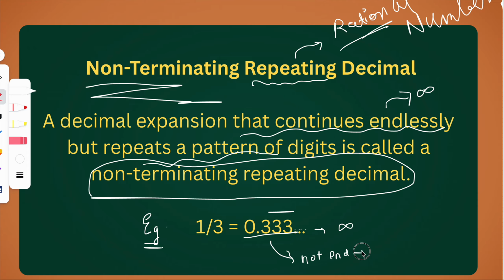And we can also see that the numbers are repeating, hence we can say that it is a non-terminating repeating decimal. And these types of decimals are basically what? Rational numbers. Got it?